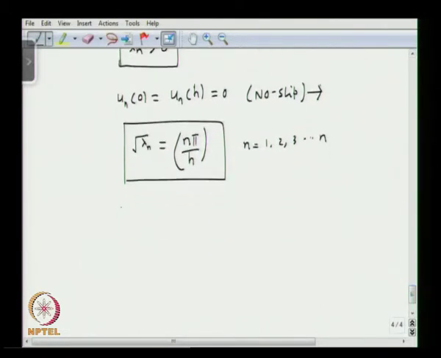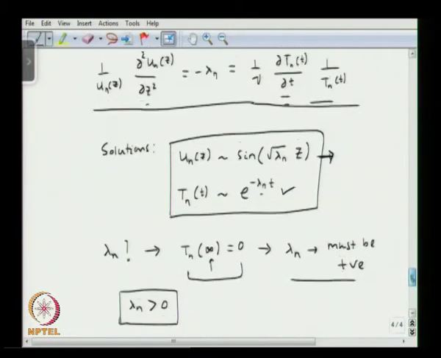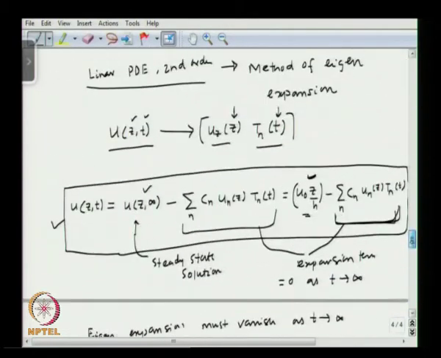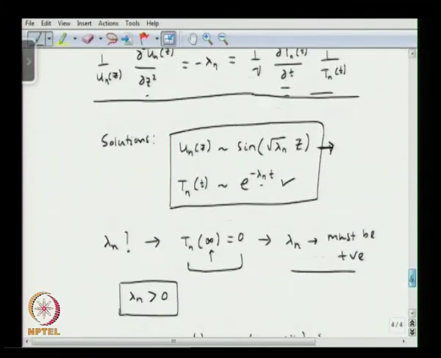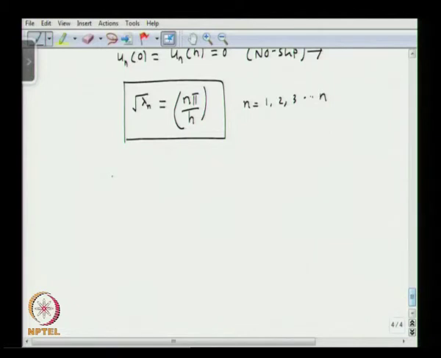Now, we have determined lambda n. Let us try to determine the Eigen expansion constant Cn. To do that, use u(z, 0) is going to be 0.